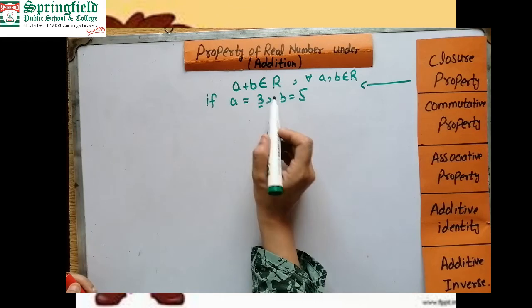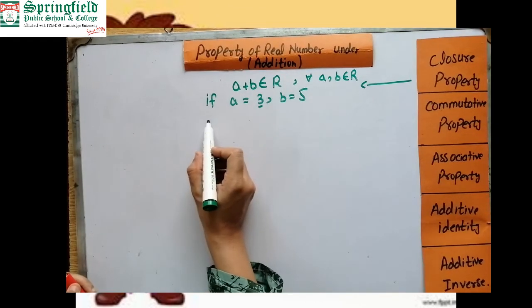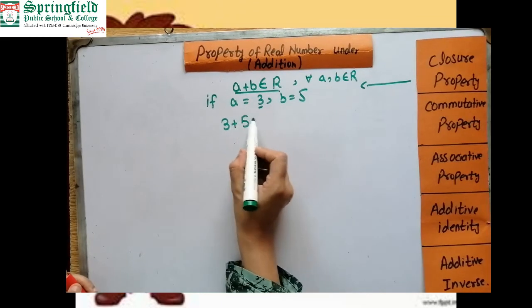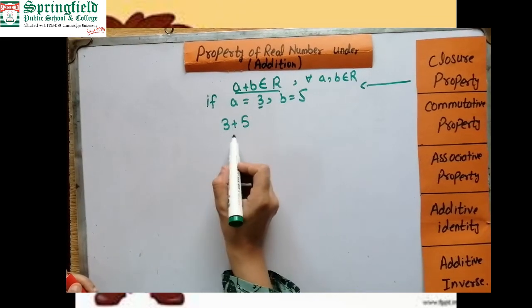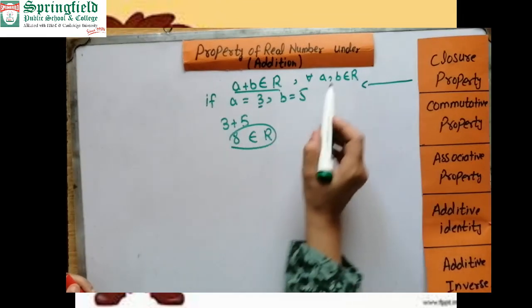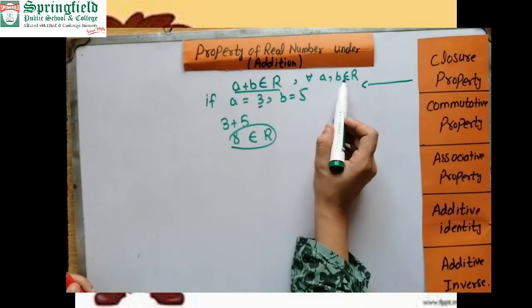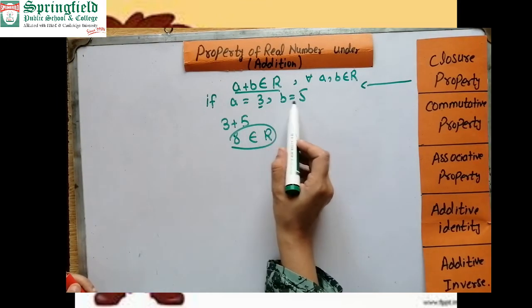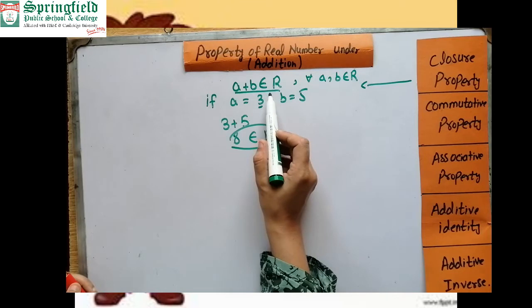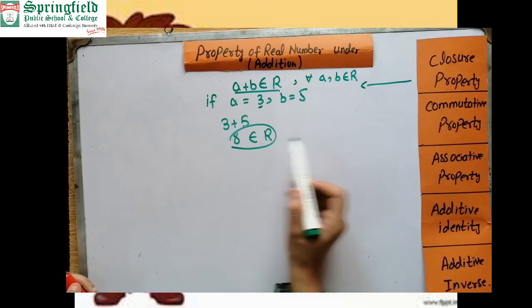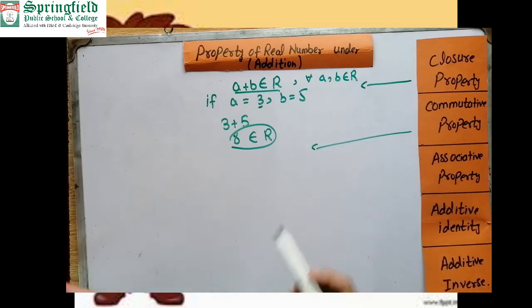This is the closure property. So A plus B means 3 plus 5, which is 8, and 8 is also a real number. It proves that when both the numbers are real, the addition of both numbers will also be a real number. Understood, beta?